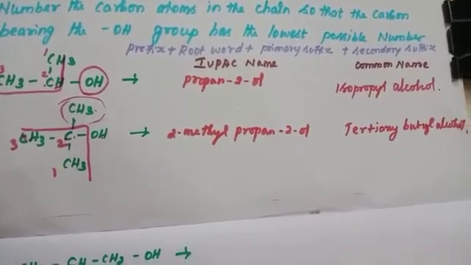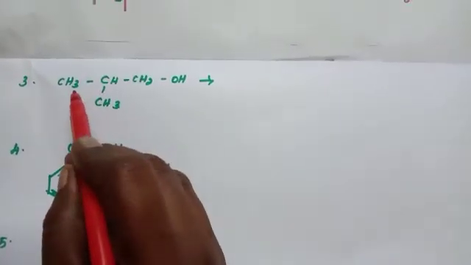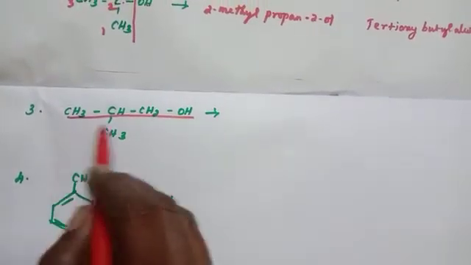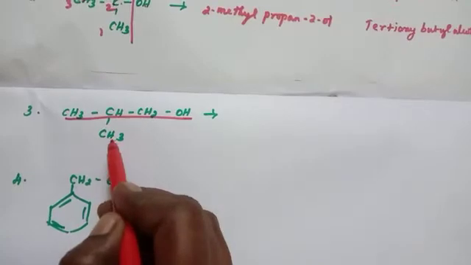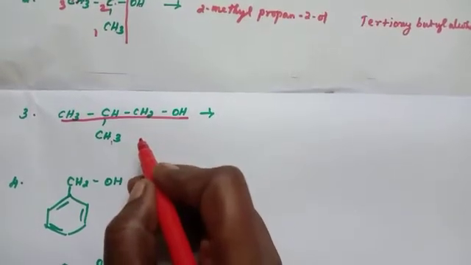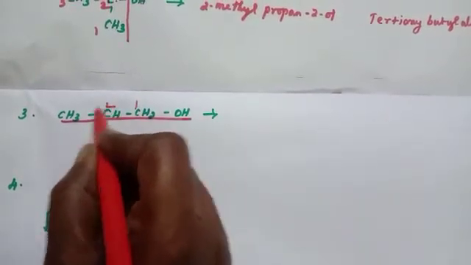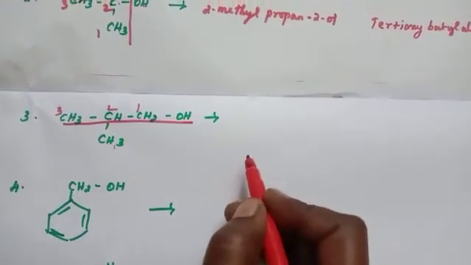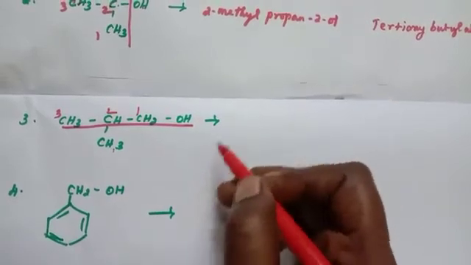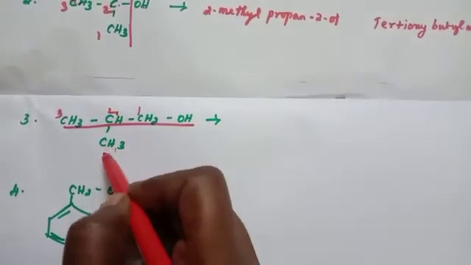Now we can move on to the third compound. According to the rule, select the longest chain. This is the chain containing the OH group, and there is one substituent here, a methyl group. So we have to give numbers to the carbon atoms. So 1, 2, 3. Now shall we write the name of the compound? Yes. First we write the substituent. In the second carbon we have one substituent.